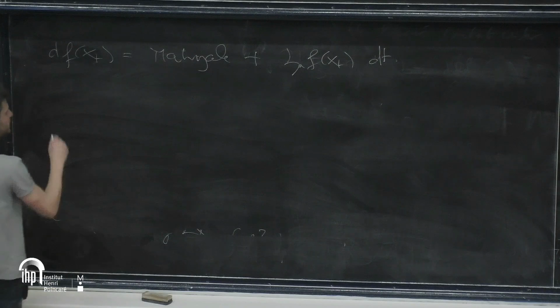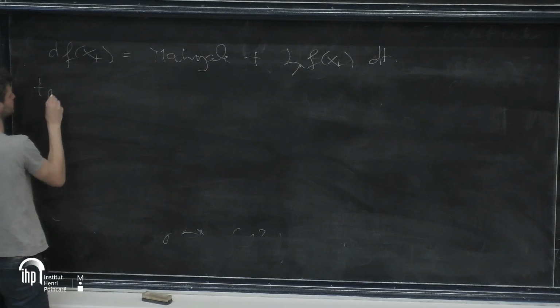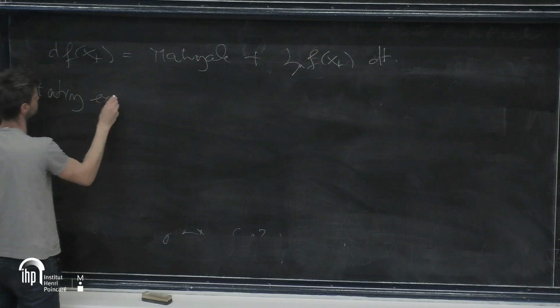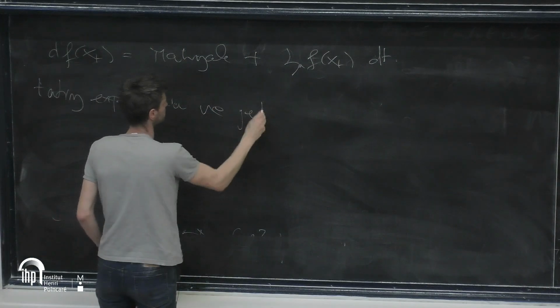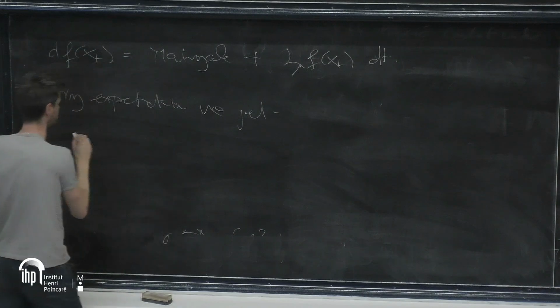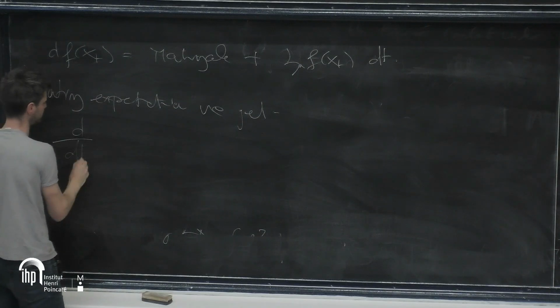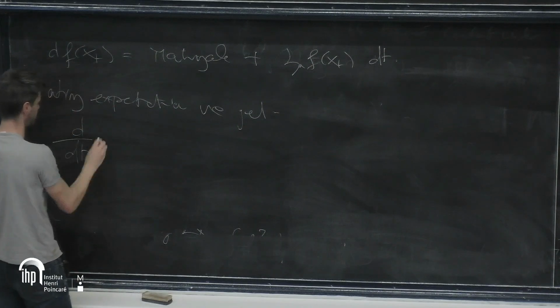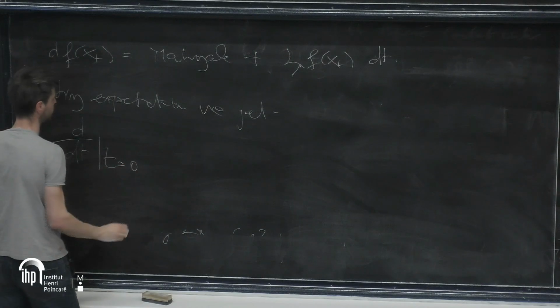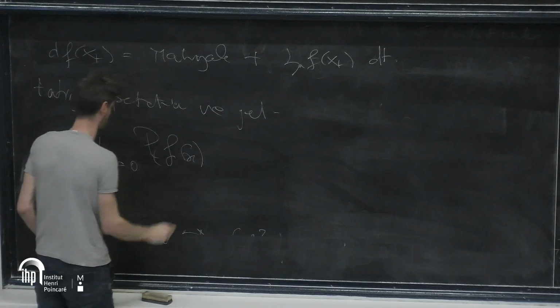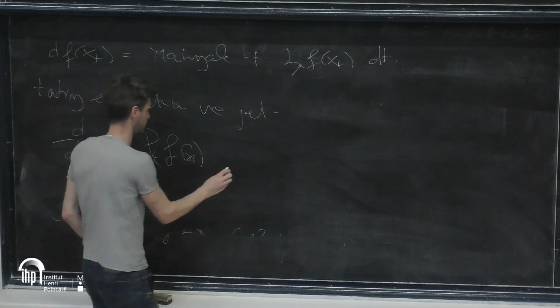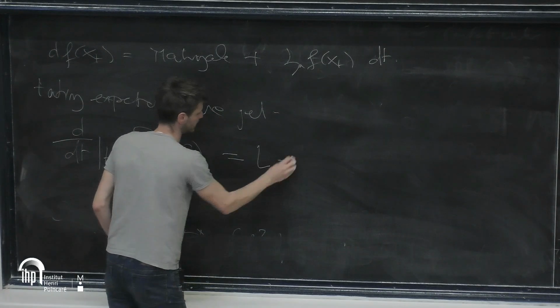Okay, so if you take expectation, we get d over dt, let's say I'll only do it at t equals 0, and I'll get L mu f at x.